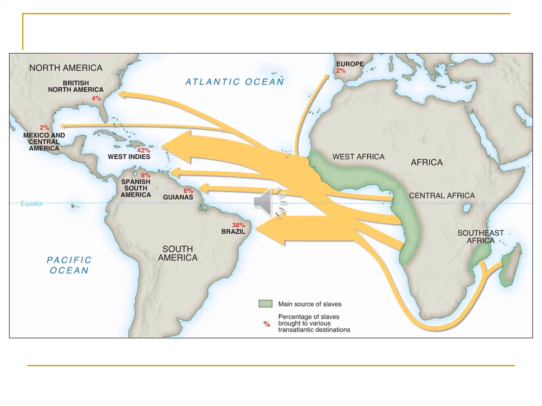Most went into the Caribbean. 42% went into what they called the West Indies at the time, basically the Caribbean islands, and then many more went into South America, specifically Brazil. Once they were in the Caribbean, many times they were transferred over time up into North America, but the initial stop, for most American slaves, was the West Indies or the Caribbean.